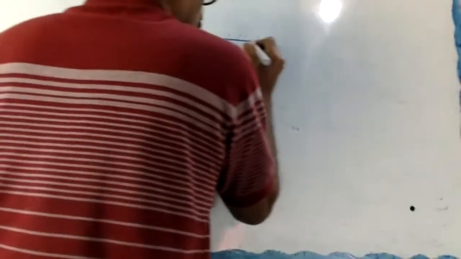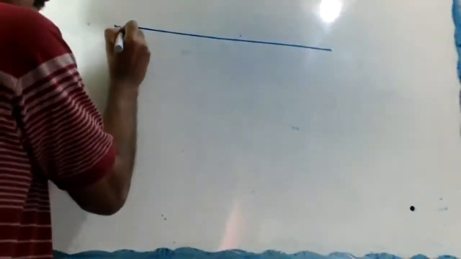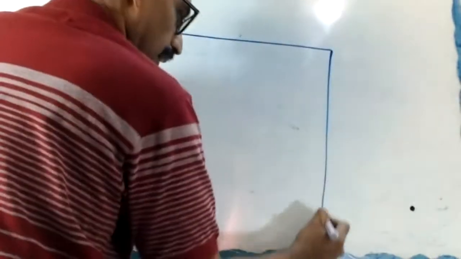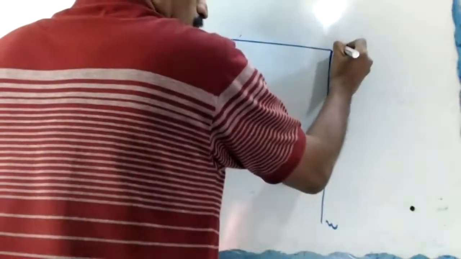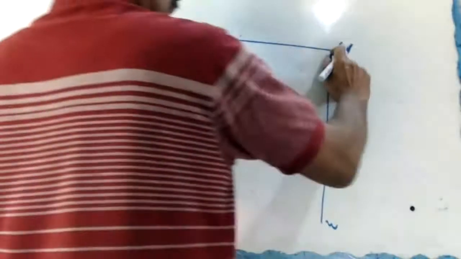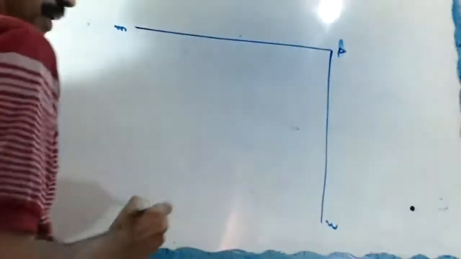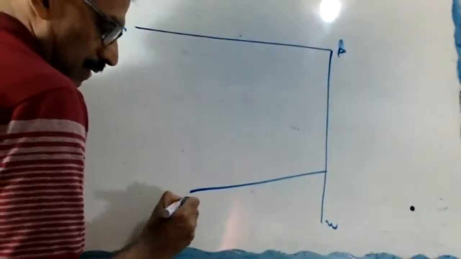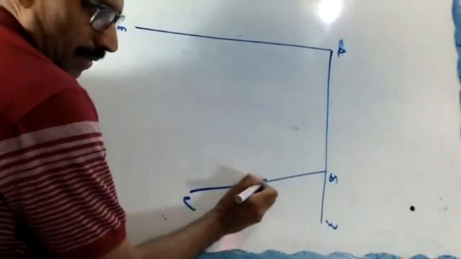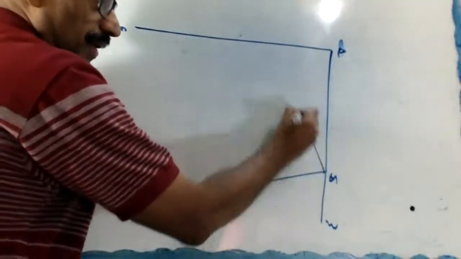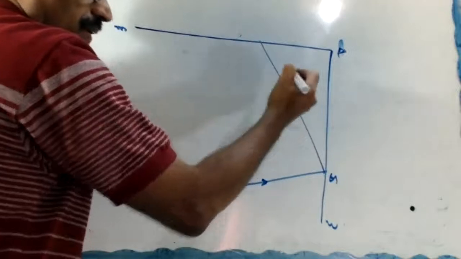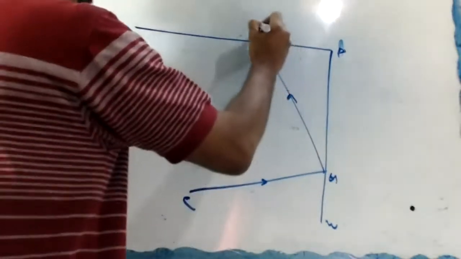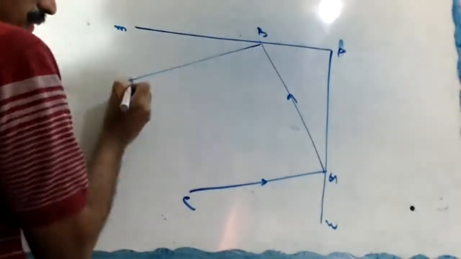This is the mirror M. This is the mirror N. This is P. Then one ray CA is reflected to here, to B. This will go to D.